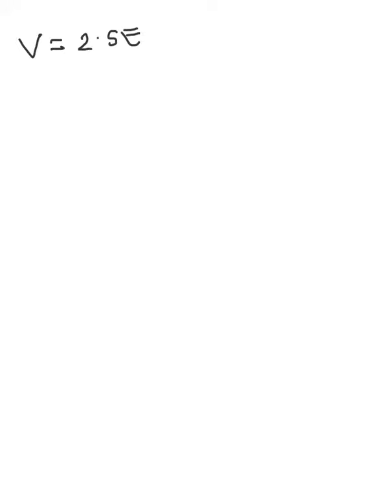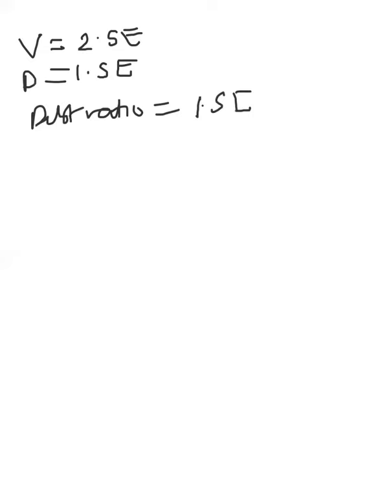In that case, we said the debt is equals to what? 1.5 E. Then if I'm looking for debt ratio, then debt ratio is equals to 1.5 E all over 2.5 E. So this cancels this.